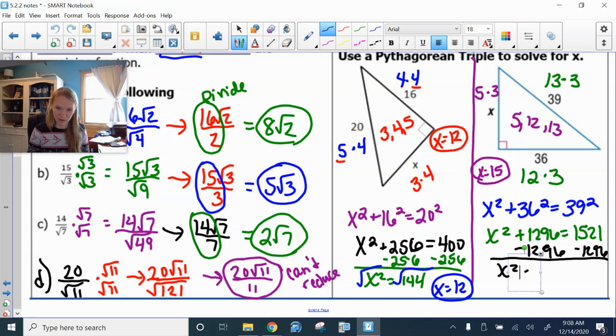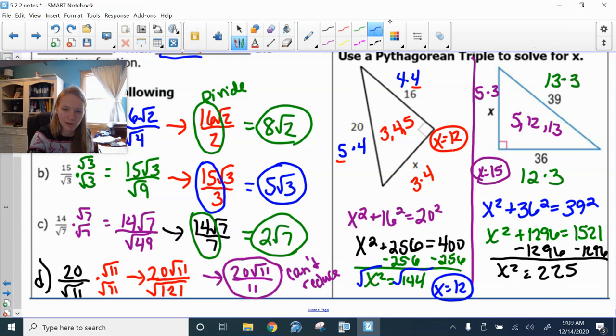So 1521 minus 1296, I get 225. And then I would square root, and sure enough, I get 15. So, shortcuts, totally something you can use. Not required to, but it's good practice there.